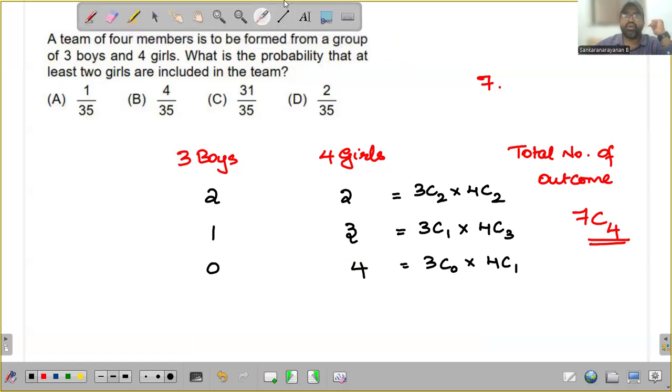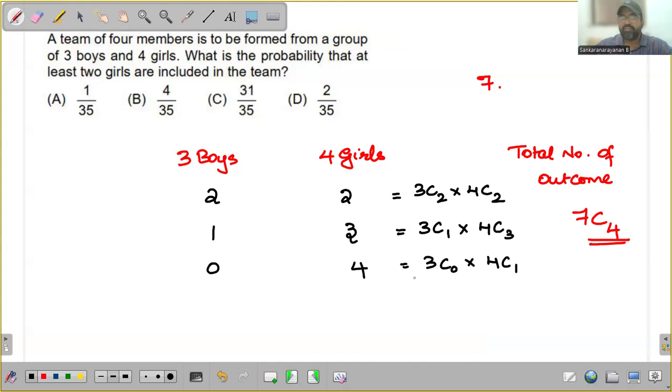Now let's try to add this and find what is the total that is coming here. So that will be the total number of ways the selection can be made. So 3C2 into 4C2, that is 3 into 2 by 1 into 4 into 3 upon 1 into 2, plus 3C1 is 3, 4C3 is as good as 4C1, plus 3C0 is 1, 4C1 is 4.